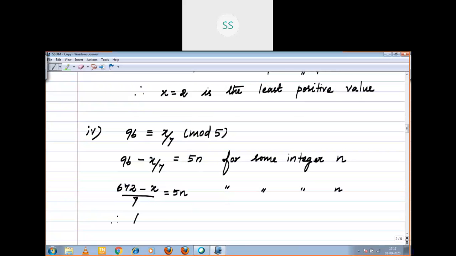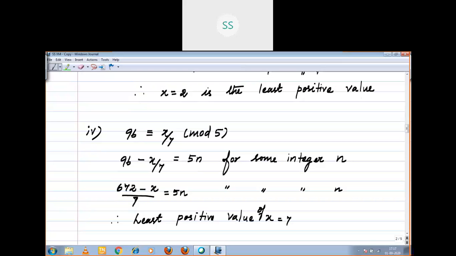Therefore, least positive value of x equal to 7. How did I put x equal to 7?